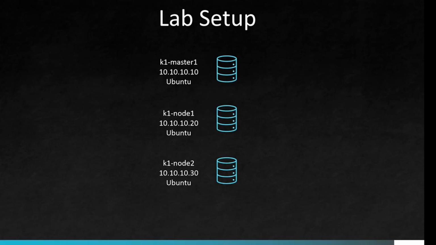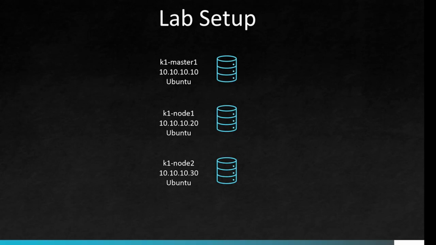Make sure that you have full connectivity between all VMs by doing a basic ping test to see if they can communicate. I have my 3 on the 10.10.10.0 network with the /24, and this is how I have my VMs labeled. The master is going to be on .10, Node 1 is on .20 and Node 2 is on .30.